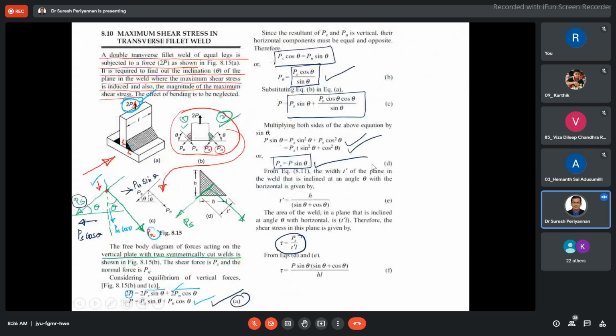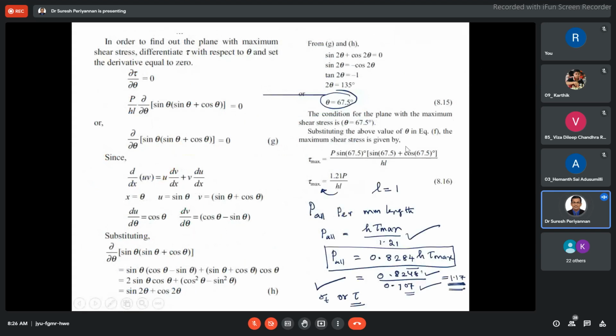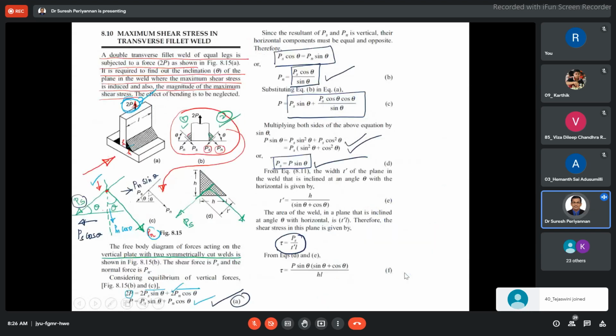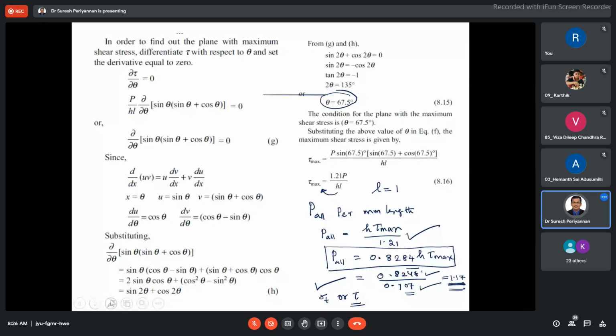Then the maximum shear in the transverse fillet weld, here also proved, at 67.5 degrees. The transverse fillet weld strength is 1.17 times the parallel fillet weld strength. But for the safer side, in safe design applications, we mostly consider theta equal to 45 degrees for both the transverse and parallel fillet welds.